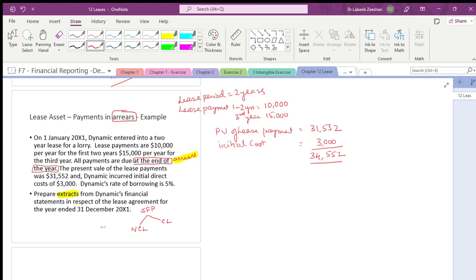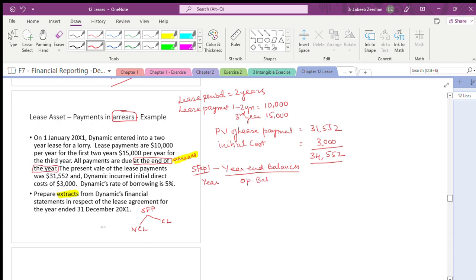First, we should know the year-end balance. Step 1: we are calculating year-end balances. We want to know how much is the current liability, how much is the non-current liability, how much interest we are going to pay, all those things. The first column is year, the second is opening balance.